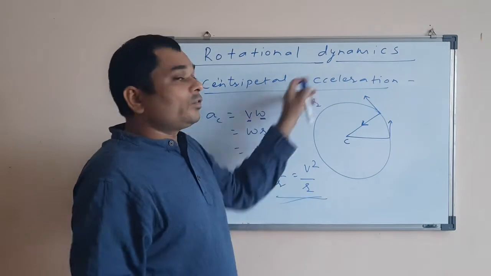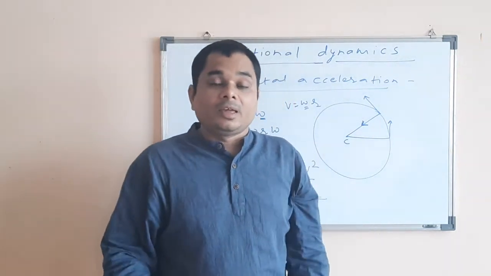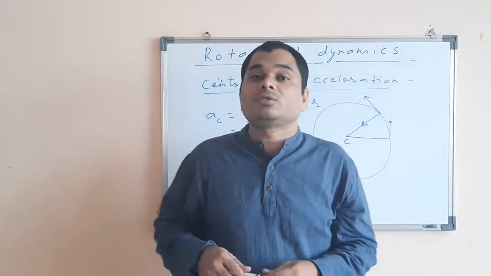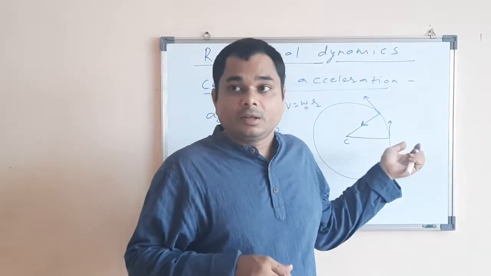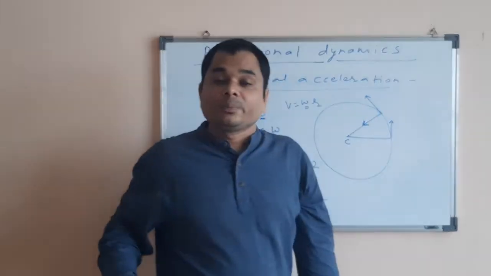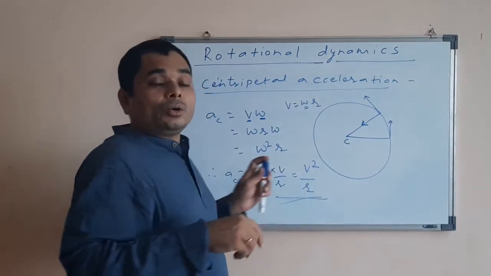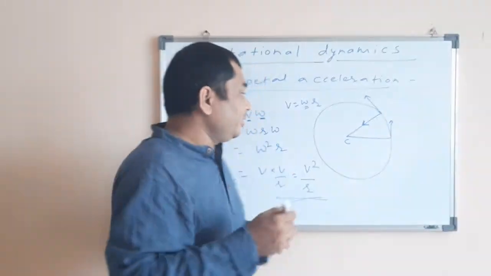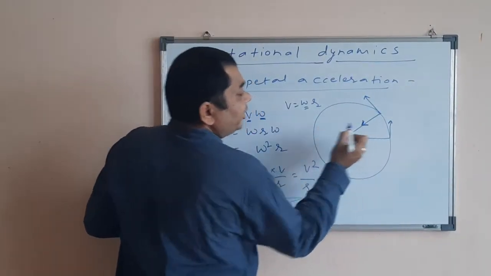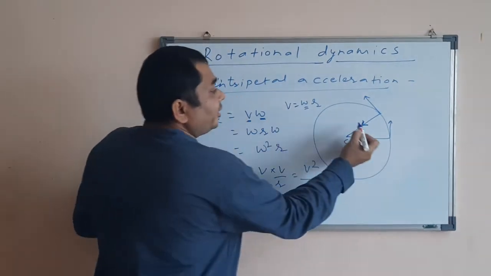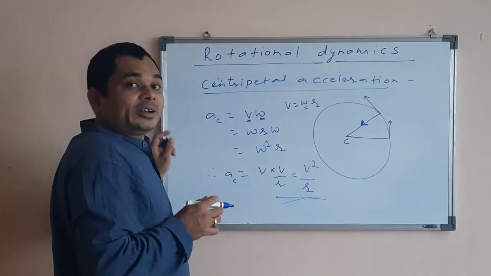So what happens if the motion is not uniform? If the motion is not uniform, even in that case you know that the velocity is always tangential. It will be directed along the tangent. So in this case it will have two accelerations. One is the centripetal or radial acceleration, but its magnitude will not remain constant in this case.